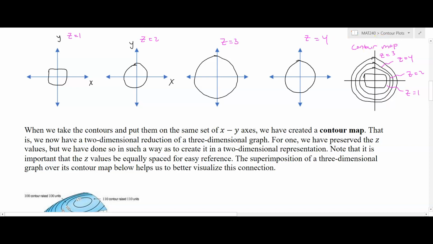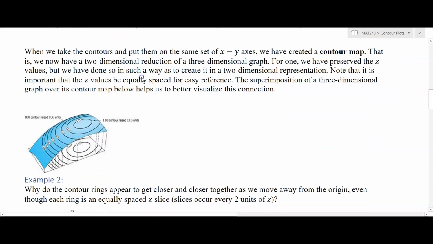Of course, we want to apply these to functions. So if we take a look at just this representation here of something that looks like a downward facing opening paraboloid, you can see that depending at what elevation you go, for example, here we have an elevation of 40 units.